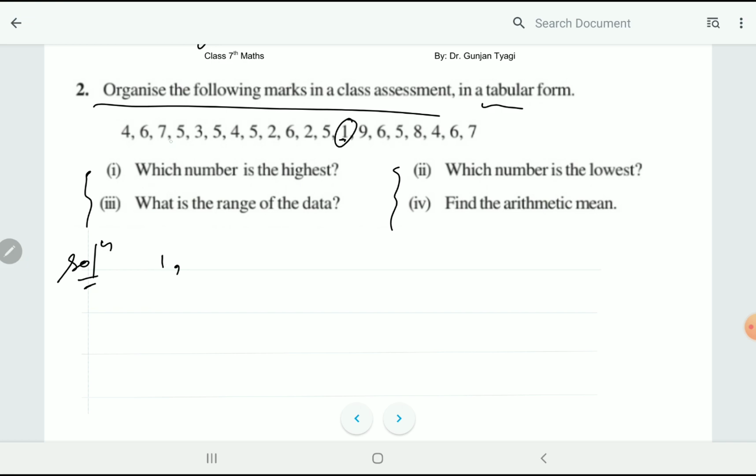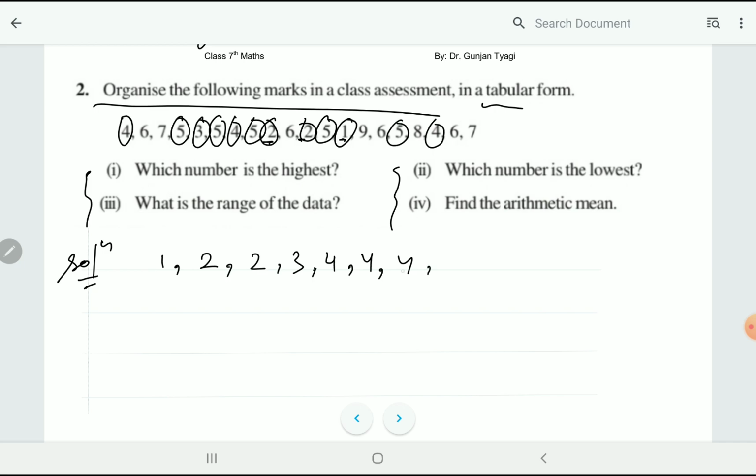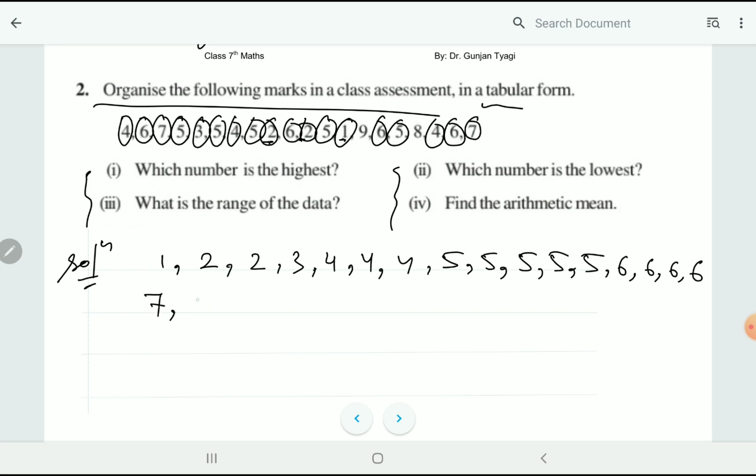Now 2: only twice, so write 2 and 2. 3 is present only one time. 4 is 3 times. 5 is 5 times. 6 is 4 times. 7 is present twice in the given data, 8 is here once, and 9 is there. So I have arranged the data in ascending order.